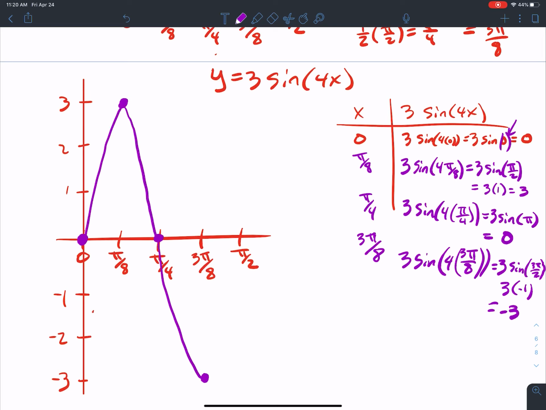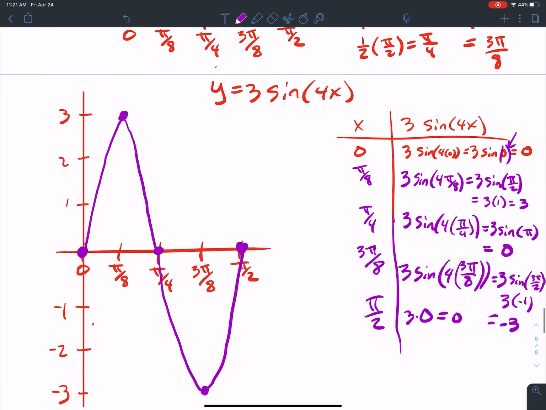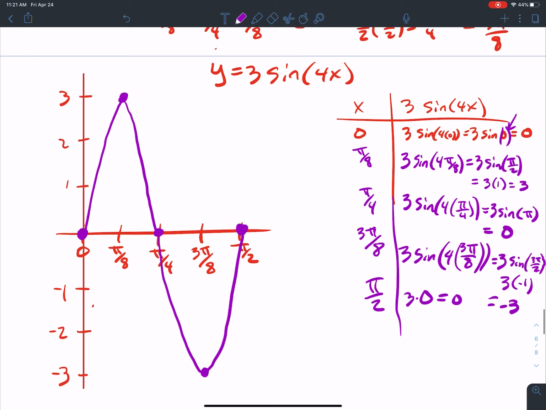And then guess what? If I plug in that pi over 2 into my function here, I'm going to get an output of 0 times 3, which gets me 0. So it pulls me right back here. My 5-number summary didn't let me down. I'm sorry, I'm writing this backwards.